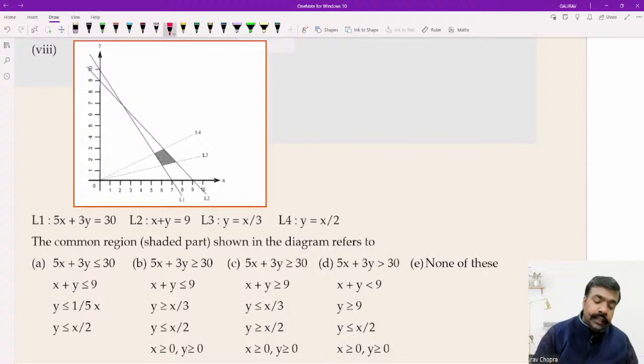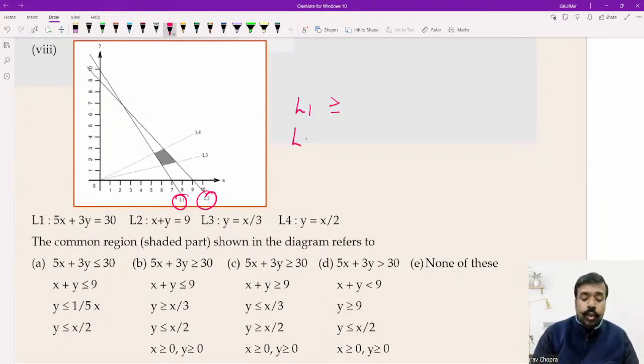So we can see that this line number 1 is having the area outside. So line number 1 will be having more than sign, greater than or equal to sign. Line number 2 is having area on the left hand side, that means inside.